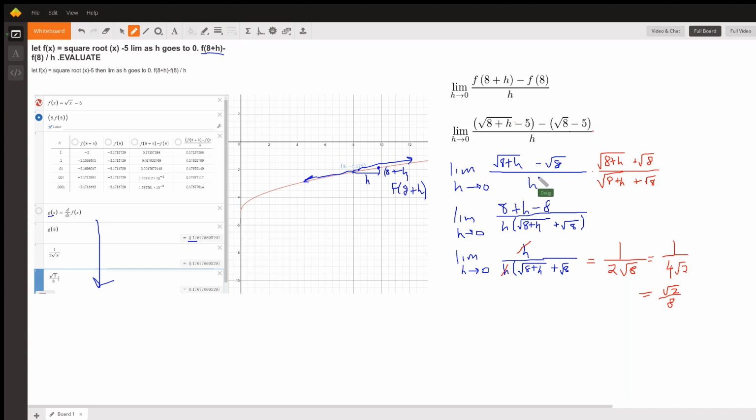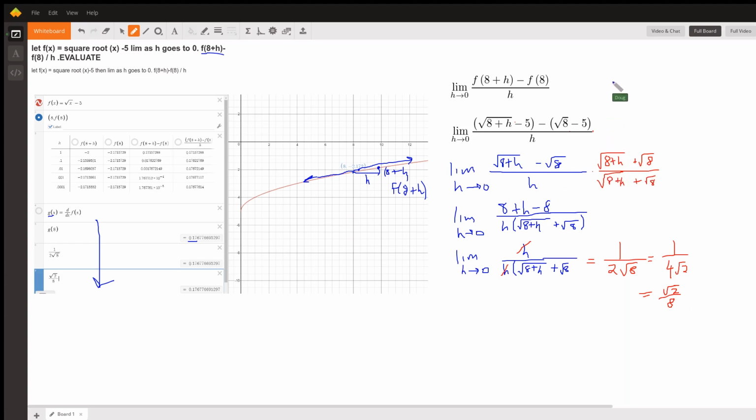Now, a typical thing to do when you're trying to evaluate a limit containing radicals is to multiply the numerator and the denominator by the conjugate of the expression that has the radicals in it. The conjugate means we're using the opposite sign here, plus instead of minus.